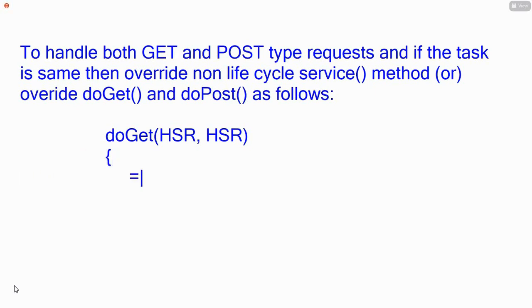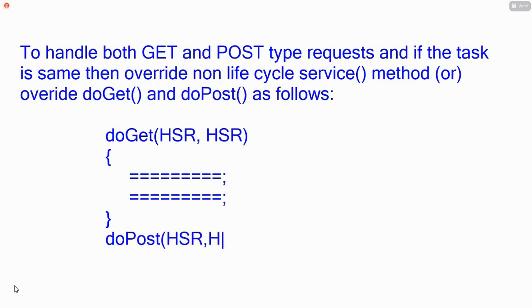But in doPost, what you have to do? doPost HttpServletRequest, HttpServletResponse. Here just only one line of code. What you have to write? doGet. Here that request, that response, you pass as parameters.